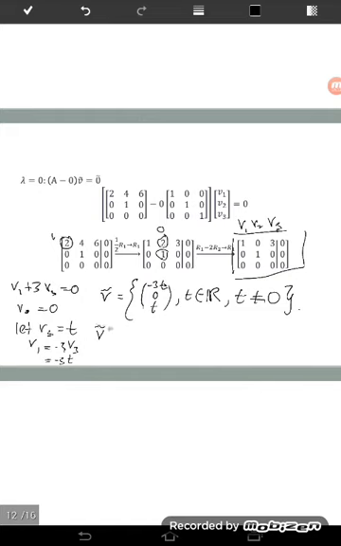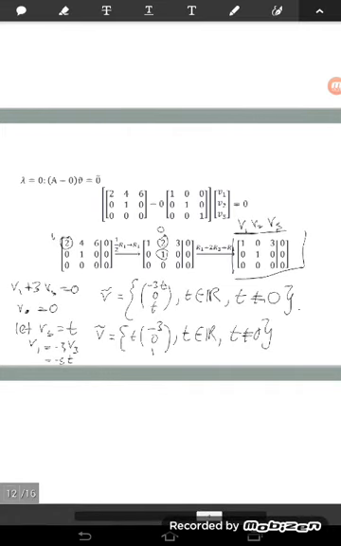You can also write the eigenvector in this form: t times negative 3, 0, 1, t an element of real numbers and t cannot equal to 0.